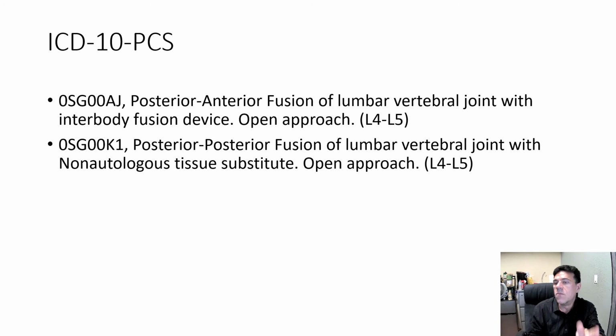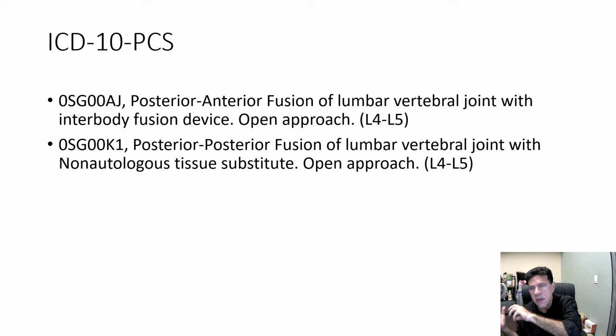And then they move to the back of the patient, right? And they did a posterior approach, posterior insertion of a non-autologous or allograft fusion device, right? So they didn't harvest any bone from the patient from this procedure.